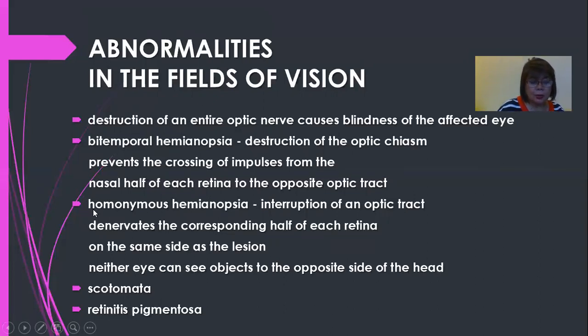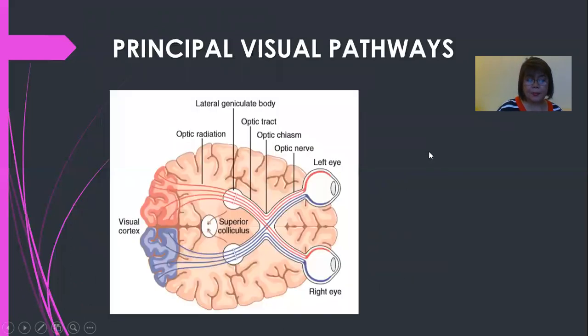Also study what homonymous hemianopsia is, as this is the interruption of an optic tract, denervating the corresponding half of each retina on the same side of the lesion. So neither eye can see objects to the opposite side of the head. There is destruction here, of the optic tract.